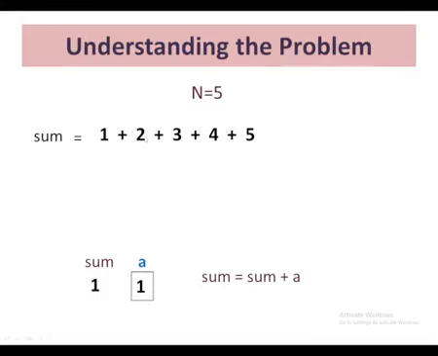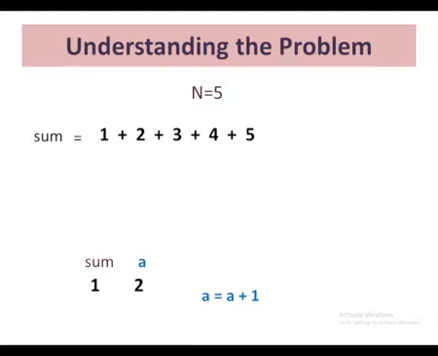The next value is nothing but 2. How do I get this 2? I will add 1 to the existing value, which I represent as A equal to A plus 1. My previous value is 1, I am adding 1 to it, so I get A is equal to 2.